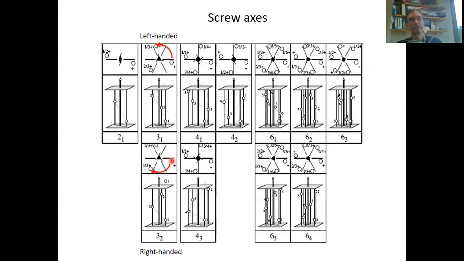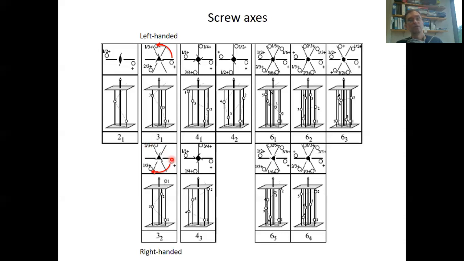So indeed, if we just rotate in the opposite direction, indicated by this red arrow here, we would rotate by 120 degrees and translate by 1/3, then rotate by another 120 degrees and translate by another 1/3, and finally rotate by the final 120 degrees and the last 1/3.